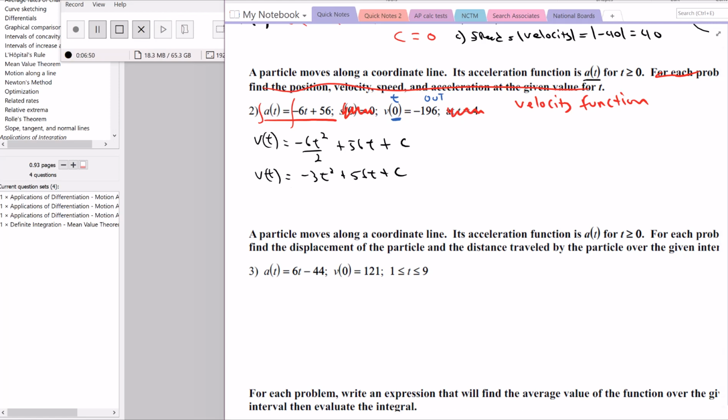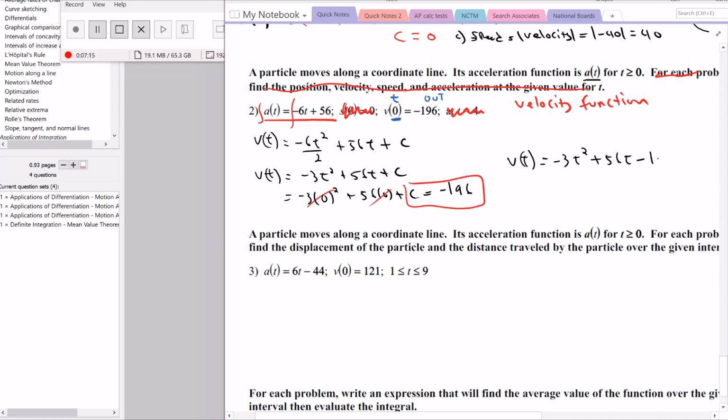So we're going to plug in 0. This is negative 3 times 0 squared plus 56 times 0 plus c. We should get negative 196, which because we're plugging in 0, that goes away and that goes away, and you're left with c is negative 196. And so the velocity function is negative 3t squared plus 56t minus 196.